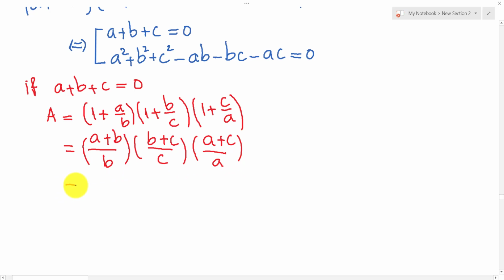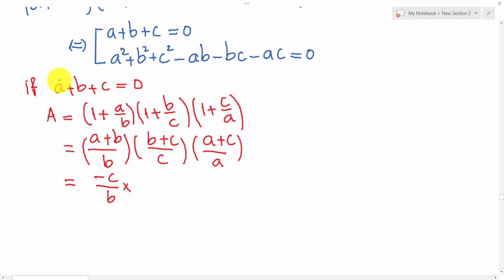Since a plus b plus c equals 0, if I take c to the right hand side, we get minus c. So I replace it by minus c over b, multiplied by this (b plus c).